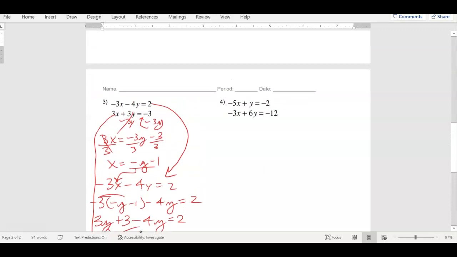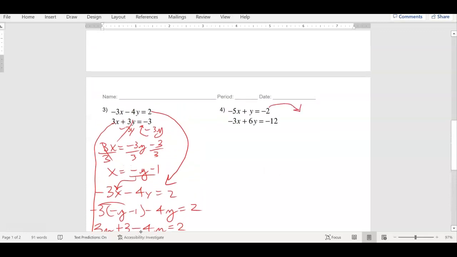Alright, and then this one, let's solve this one for y. Add 5x. Y equals 5x minus 2.